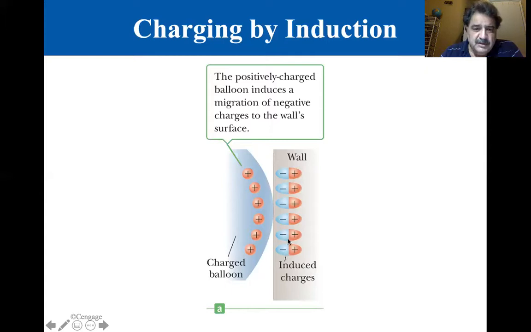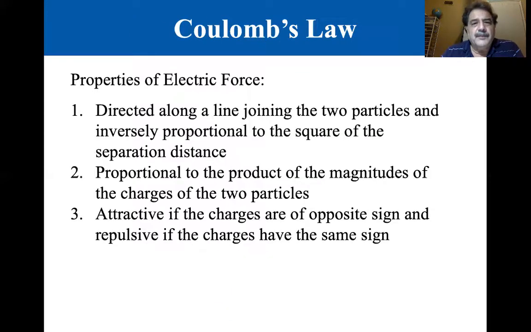Now, the wall is still neutral, but you can see that it attracts these negative charges on one side, and the positive charges are pushed away. So you have these induced charges, and the electrostatic force, the attractive force between the positive and the negatives, holds the charged balloon to the wall.